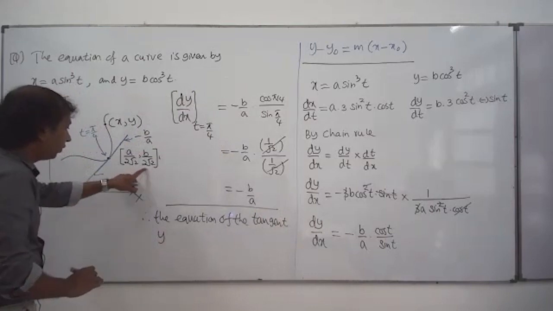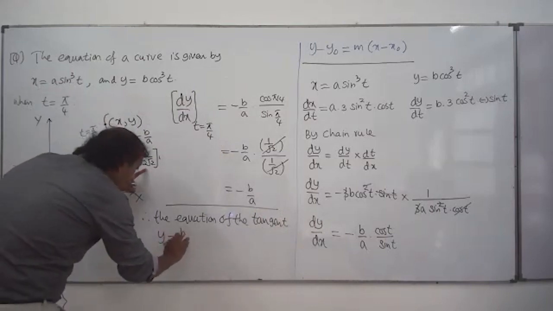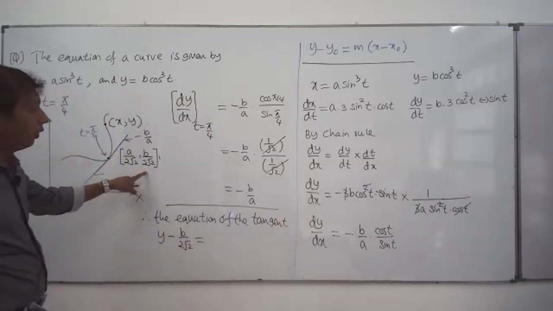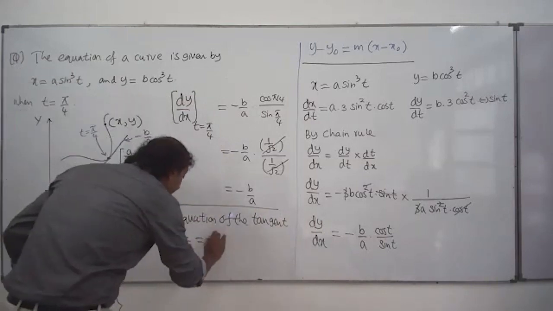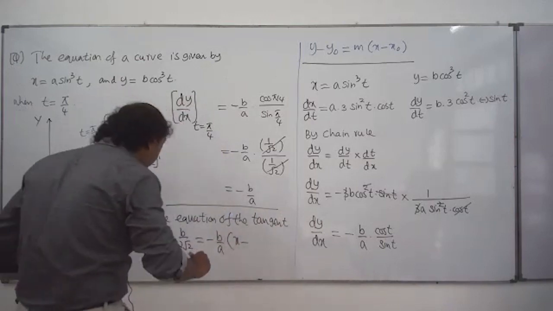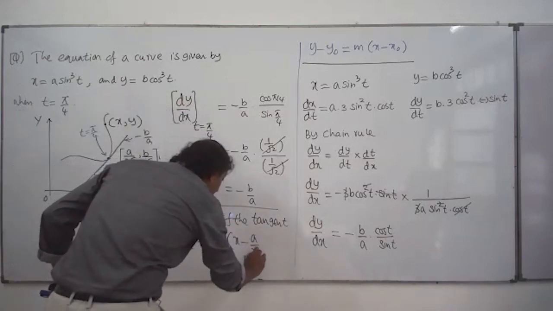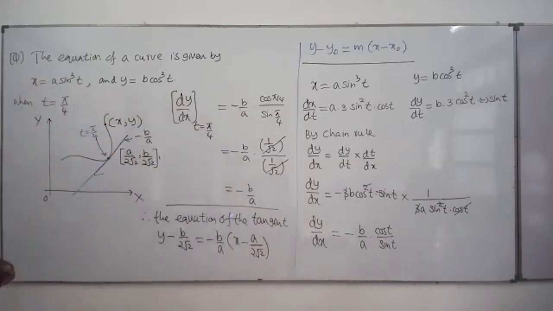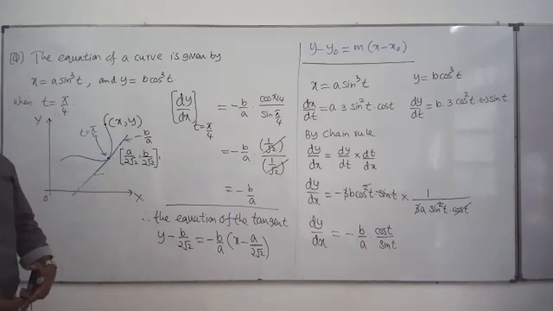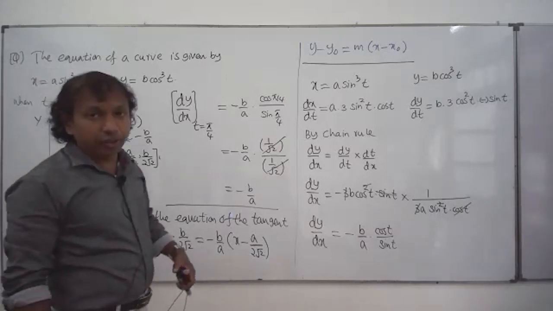Y minus y naught, b over 2 root 2, equals gradient minus b upon a, x minus a over 2 root 2. Now we can simplify this people little bit more to take the equation, right? This is one application of derivative, right?